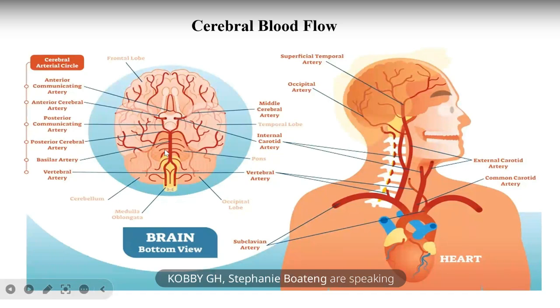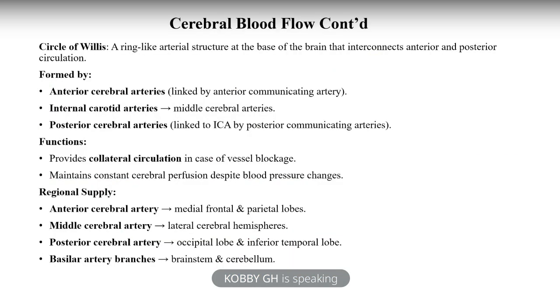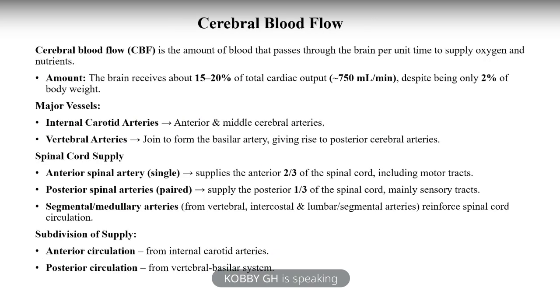That's why we are saying that overall the arteries are actually 2: the internal carotid artery and the vertebral artery.